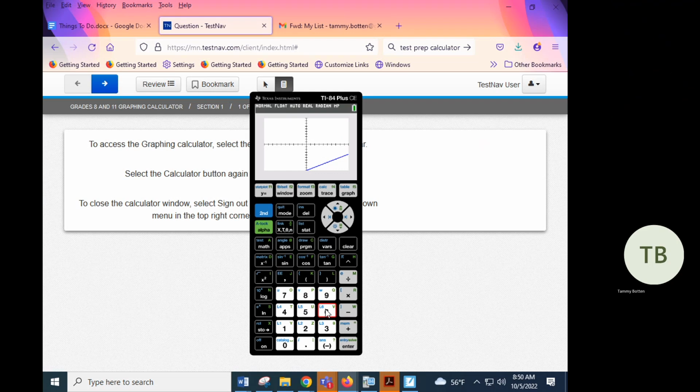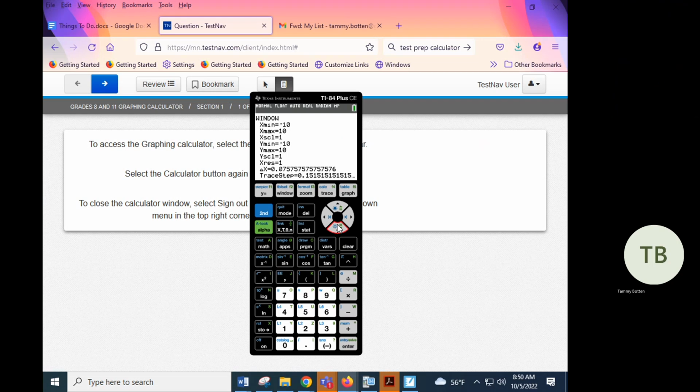To find out where this crosses, we need our X's to go bigger in the positive direction. How you do that on a graphing calculator is you go to your window. And right now, this is telling me that my X min, like if you think of an axis, starts at -10. X max over here only goes to 10. We need that second number down to be a bigger number.